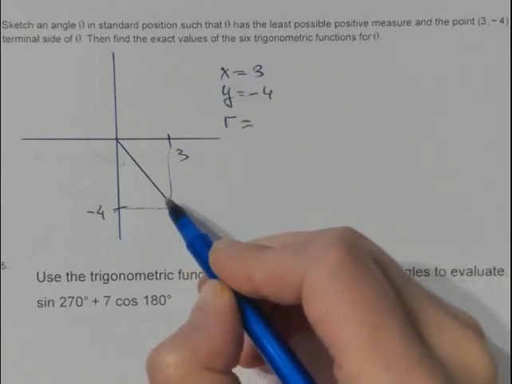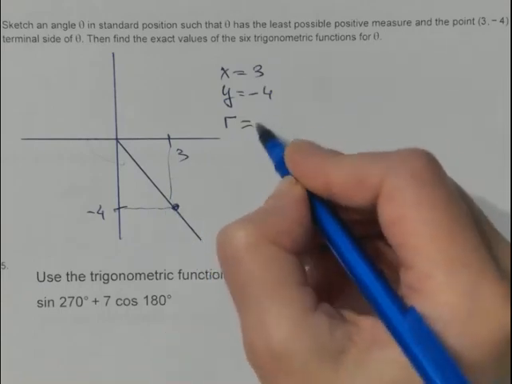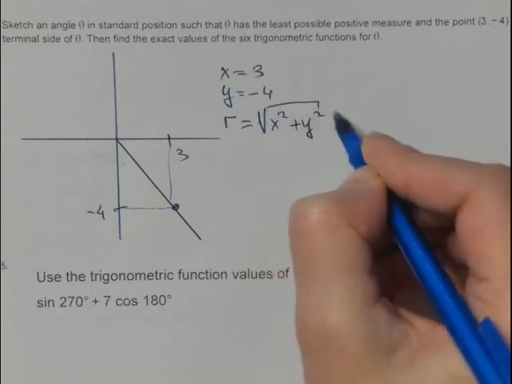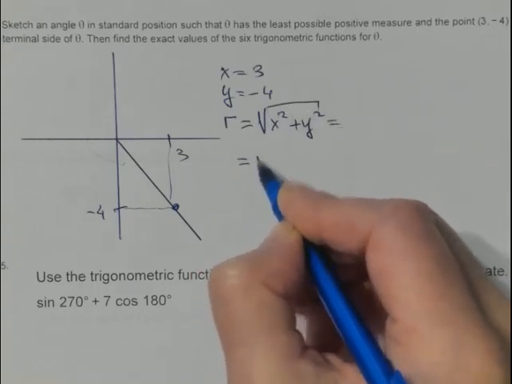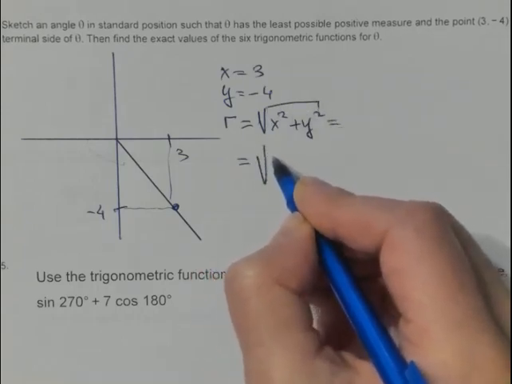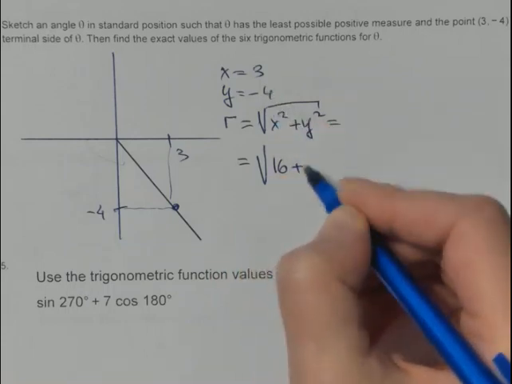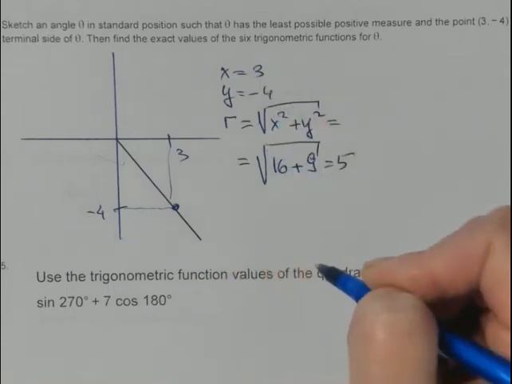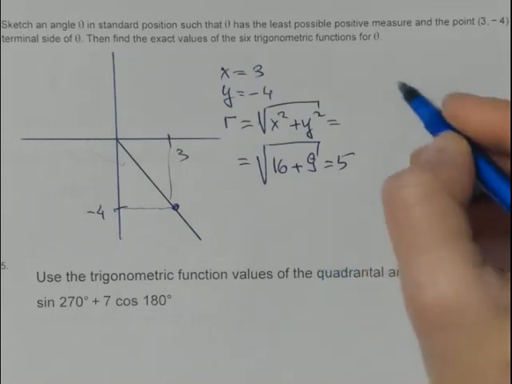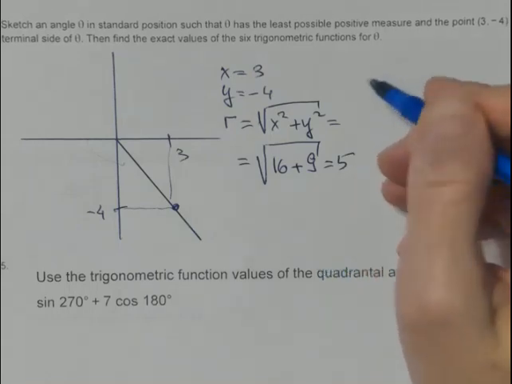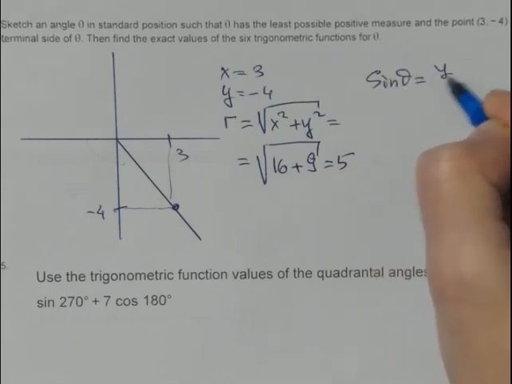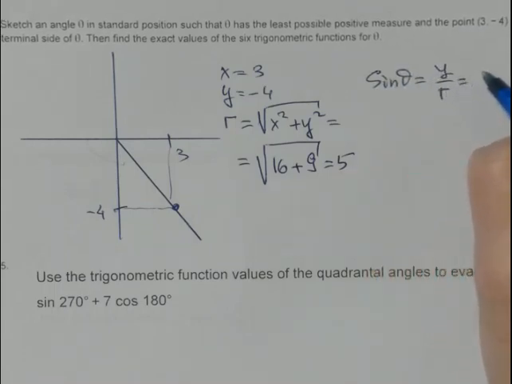And r can be found by the Pythagorean theorem as the square root of x squared plus y squared. So the square root of 16 plus 9, which is 5. So r is 5.